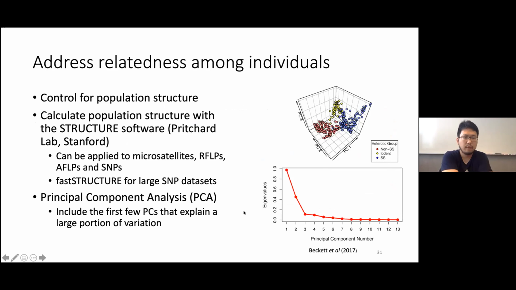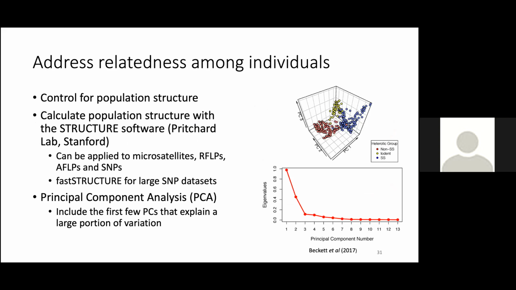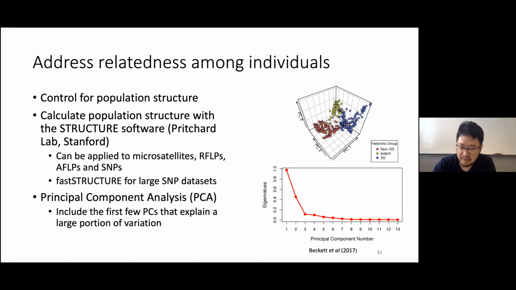All right, let's move on with addressing the relatedness among the individuals. So we were talking about population structure and kinship, and how the mixed linear model framework deals with these two types of relatedness among the individuals.